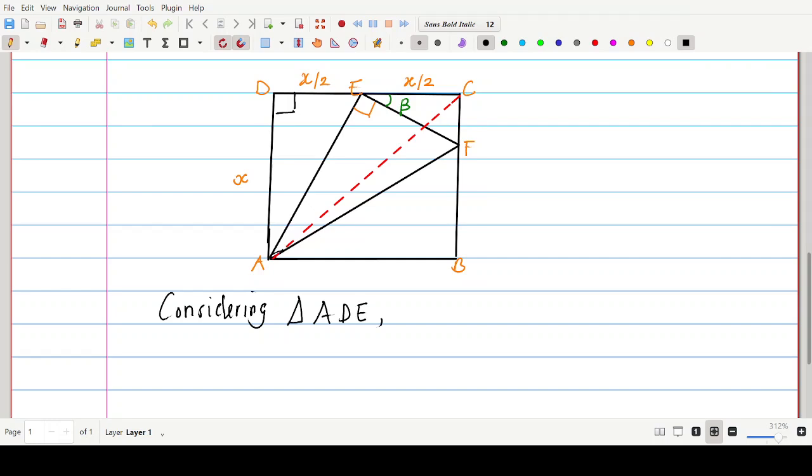So on considering triangle ADE, we have from Pythagoras that AE squared is equal to AD squared plus DE squared. This is Pythagoras.